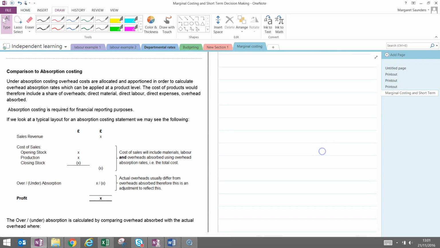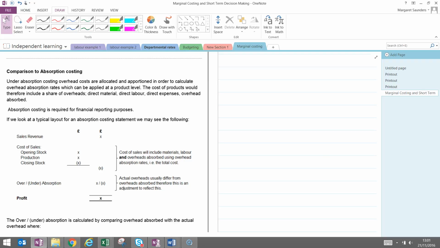So if we have a look at our absorption costing, and just a reminder that with absorption costing we have to go through the process of allocating overheads and apportioning overheads to departments.